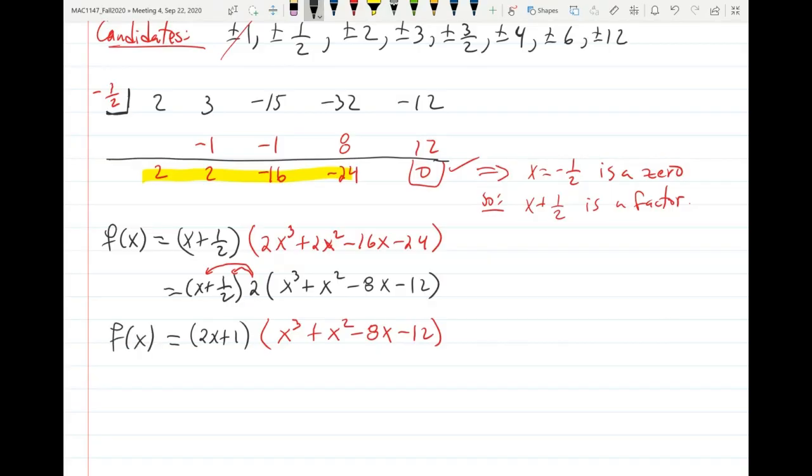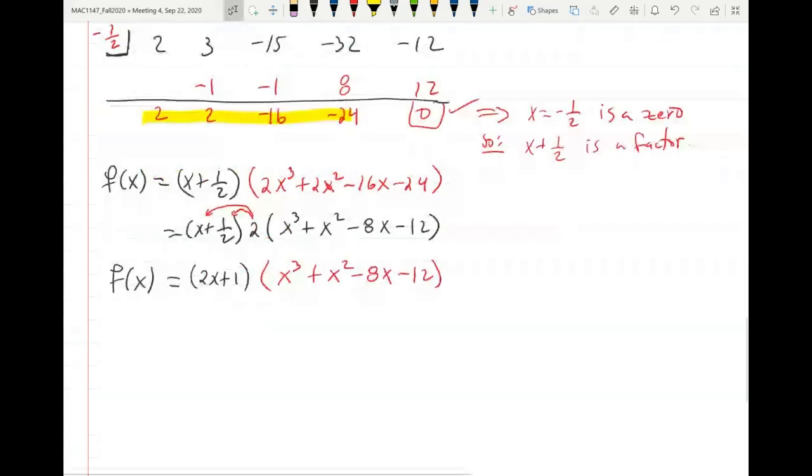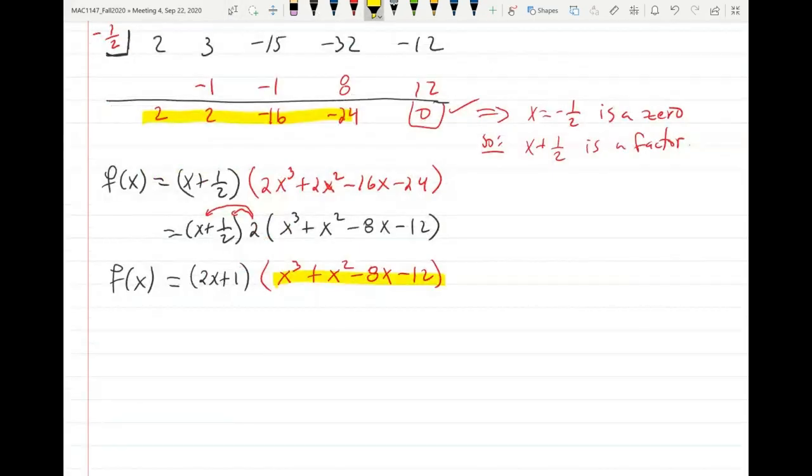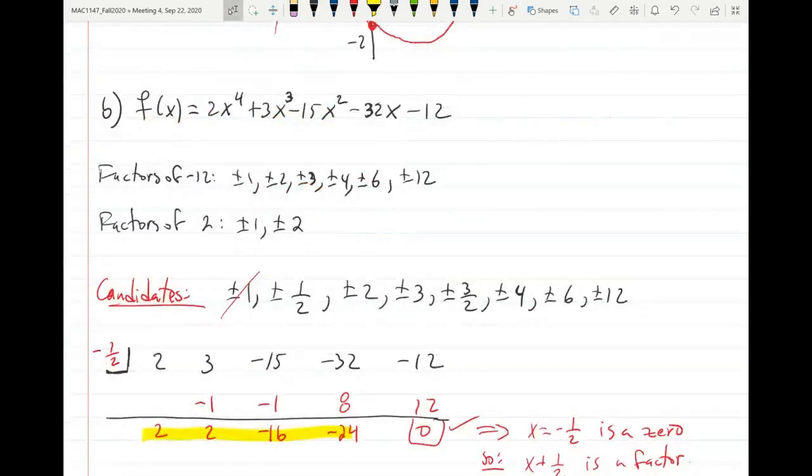Now we're going to direct our attention to this degree 3 polynomial. So now we repeat the process. Let's write down a new list of candidates. This, of course, is going to be a sub-list of the original one, but maybe we can eliminate some of those elements.